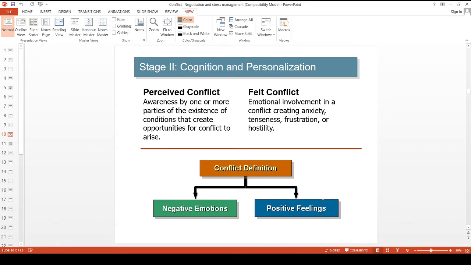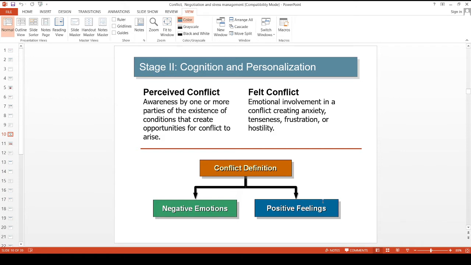Perceived conflict leads to the awareness by one or more parties of the existence of conditions that create opportunities for the conflict to arise. That is, one or the other party perceives that there may be a situation which can lead to conflict in future.